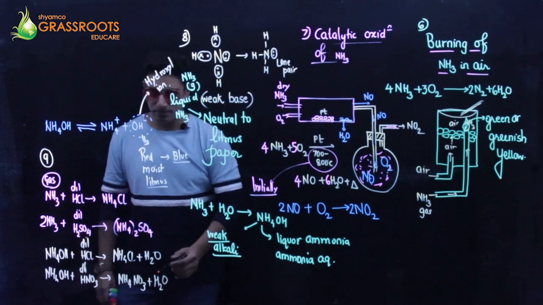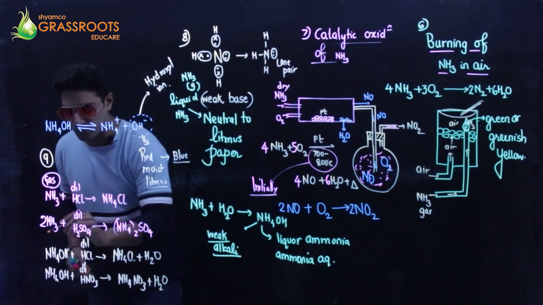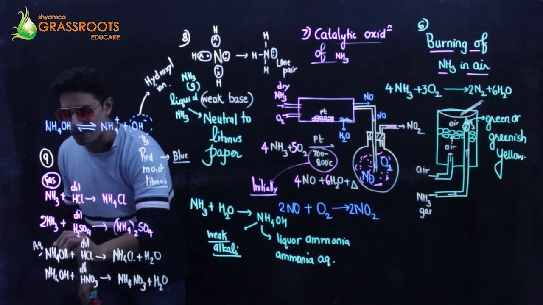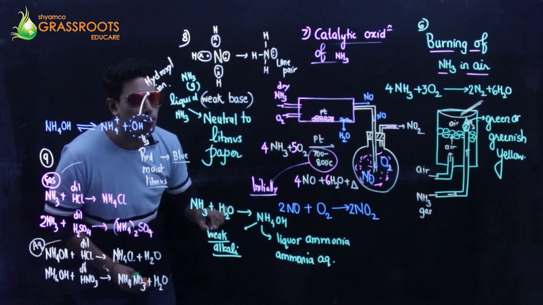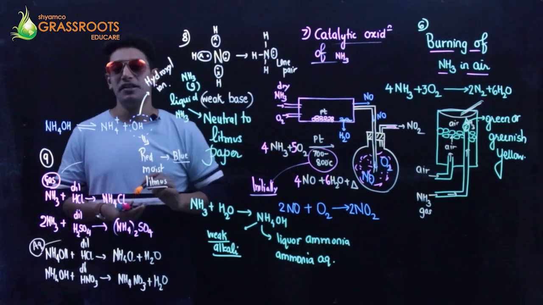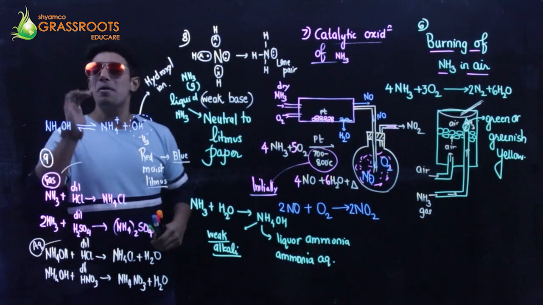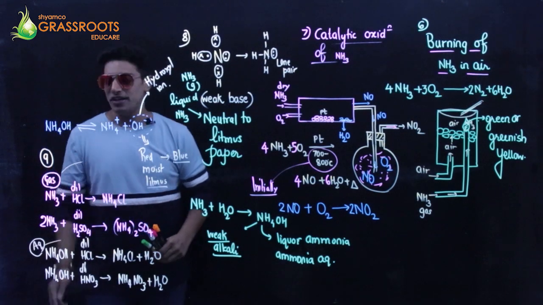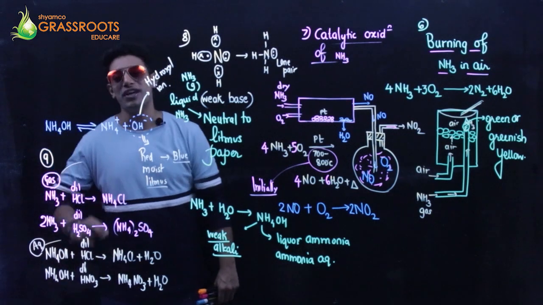Is it balanced? Yep. So what can you make out from this? I can say gaseous ammonia and aqueous ammonia react differently. Aqueous ammonia forms the same salt as gaseous ammonia, but in addition to it, it releases water. So that is the only difference between the two reactions.